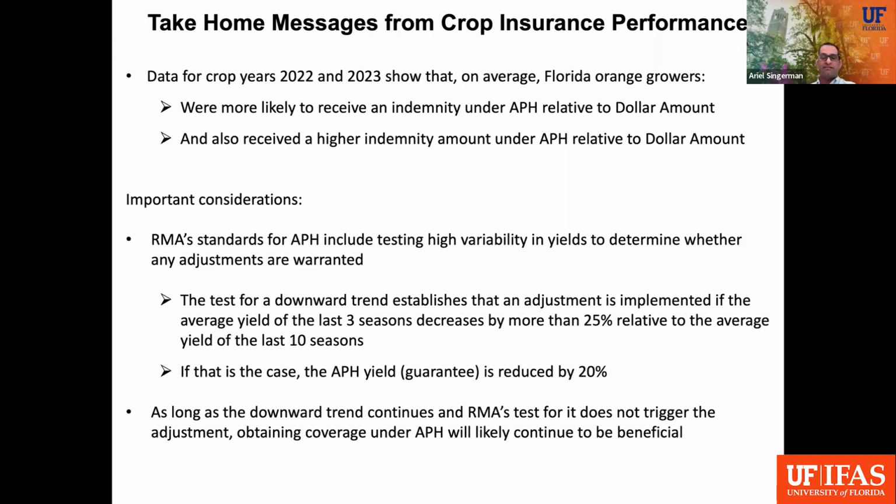And if that is the case, the guarantee is reduced by 20%. So as long as the downward trend continues and RMA's test for it does not trigger the adjustment, obtaining the coverage under APH will likely continue to be beneficial for growers.